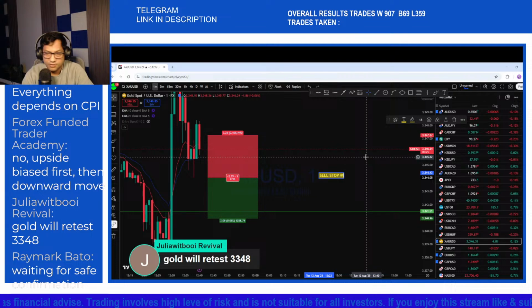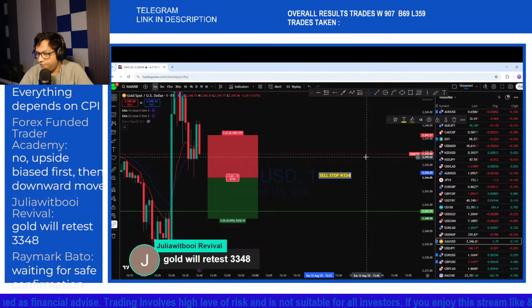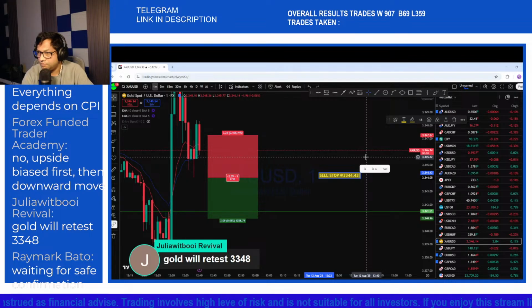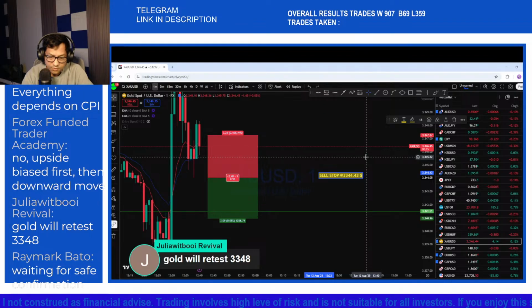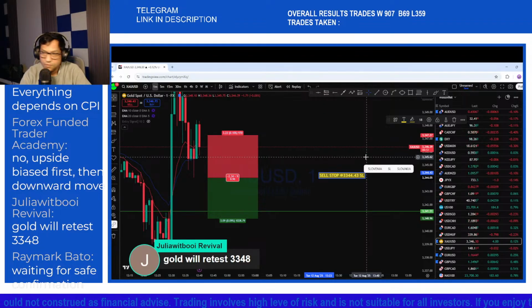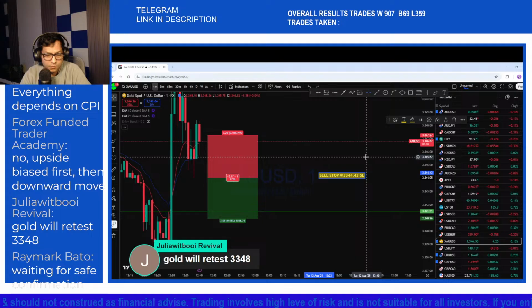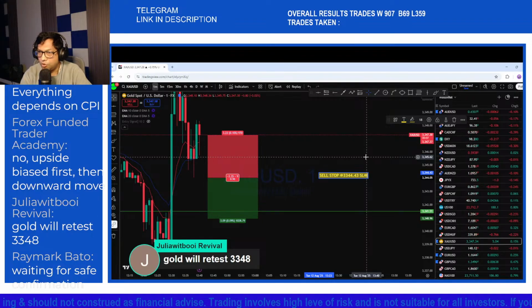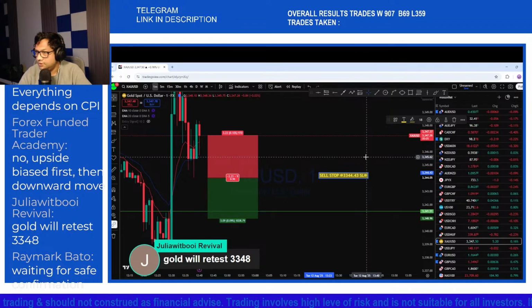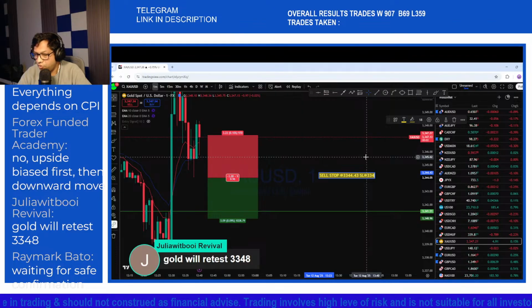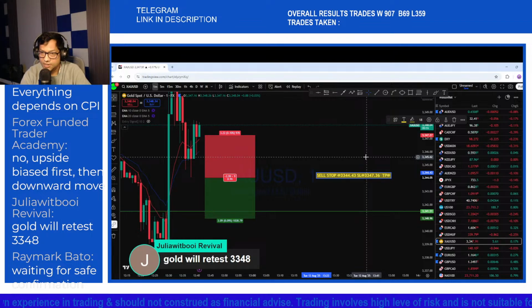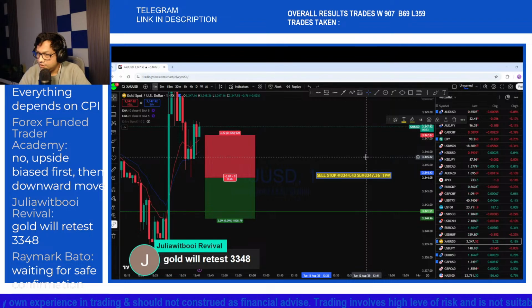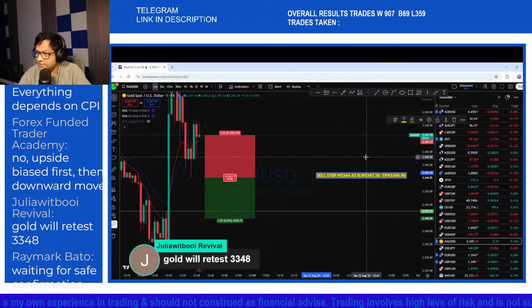Sell stop at 3344.43. Stop loss at 3347.36, and TP target setting at 3340.96.